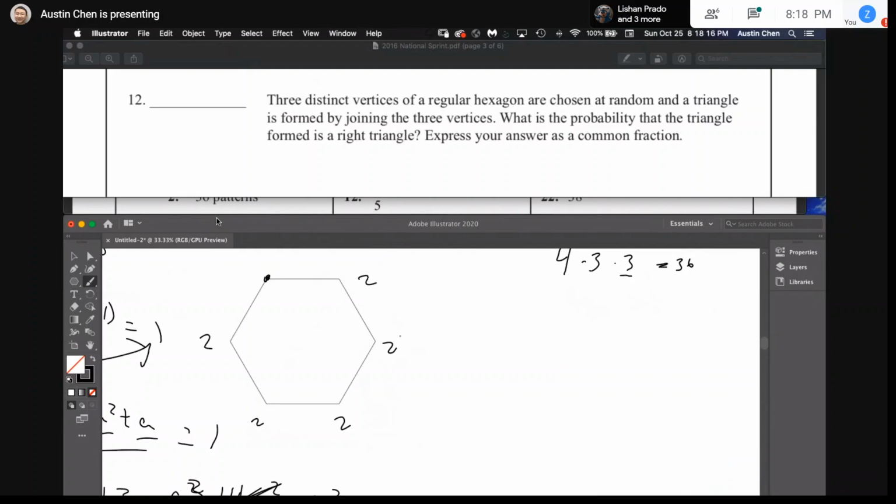Wait a minute. Don't we count some of these twice, Bill? I think you counted some of them twice. Actually, you should have 12 right triangles and 20 triangles in total.